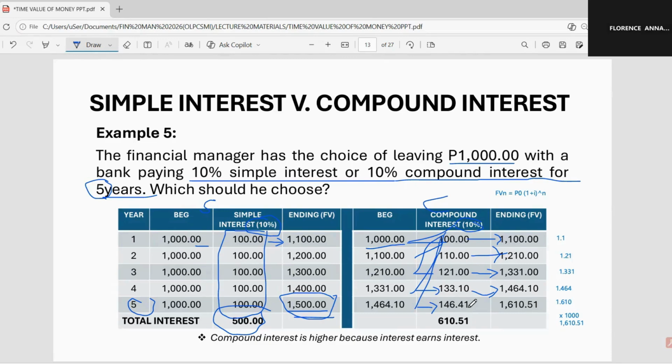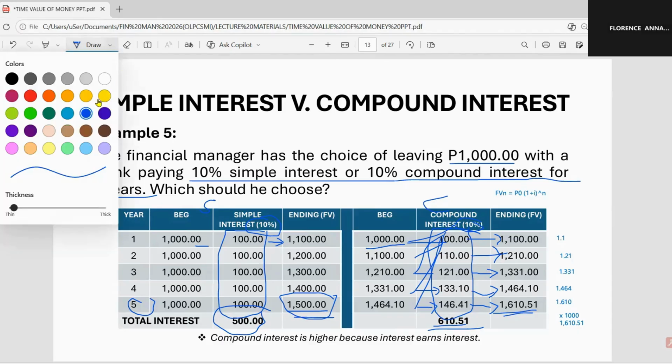And when you multiply that with 10%, you'll get 146.41. Adding that from your beginning, you'll get your ending or your future value at the end of 5th year na 1,610.51. When you add all of this interest earned during the 5 periods, you'll get also 610.51 pesos as your total interest.